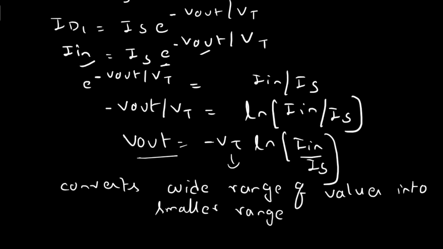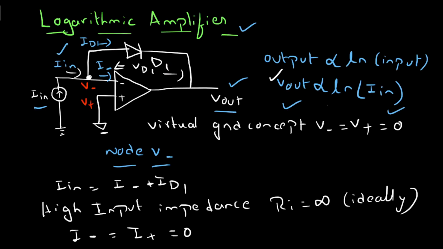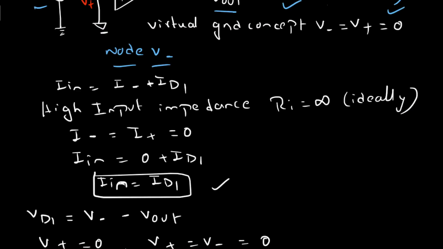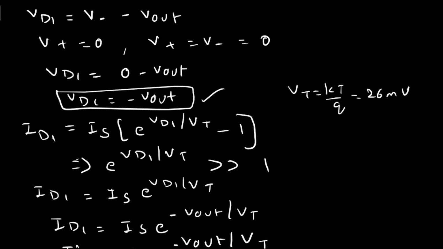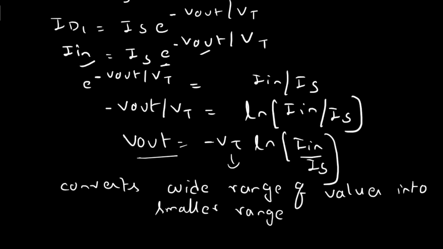Wherever you want to convert a wide range of values into smaller values, you have to use a logarithmic amplifier. So this is about the logarithmic amplifier, how to determine the respective output. This is the analysis of the circuit, and this is the relationship between the output voltage and the input current.